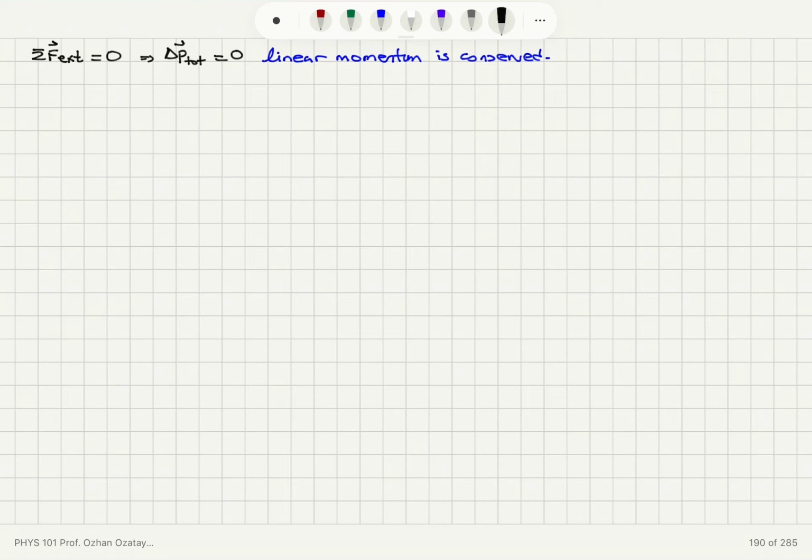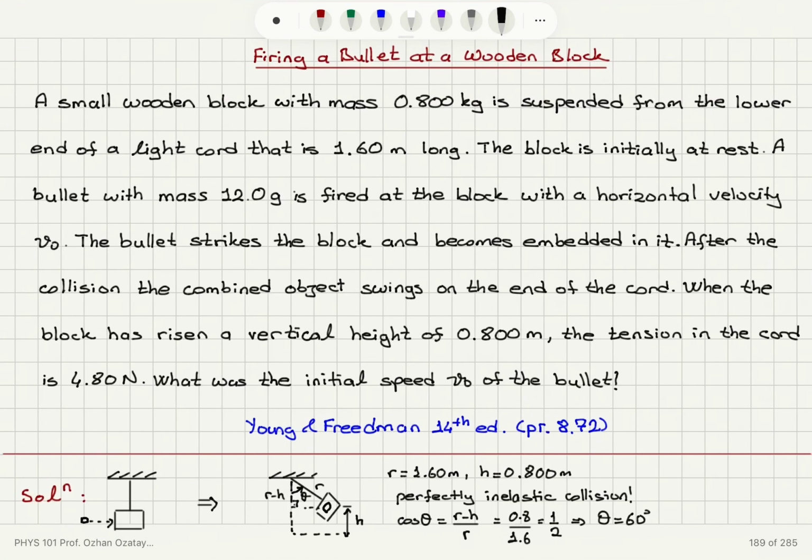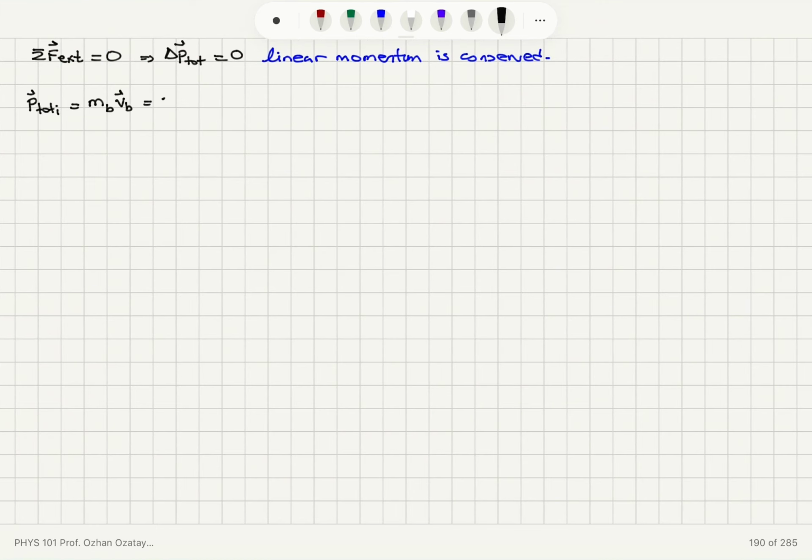We can write the total initial linear momentum to be the mass of the bullet times the velocity of the bullet. The mass of the bullet was 12 grams. The velocity is unknown, so it's 12 times 10 to the minus 3. The velocity is in the i hat direction, v0 i hat, so this is 0.012 v0 i hat.